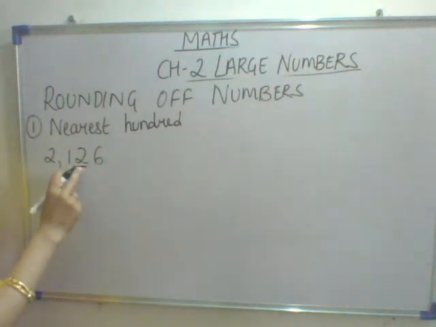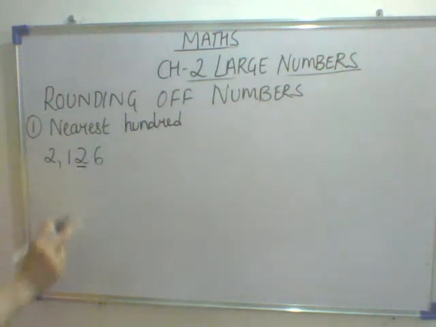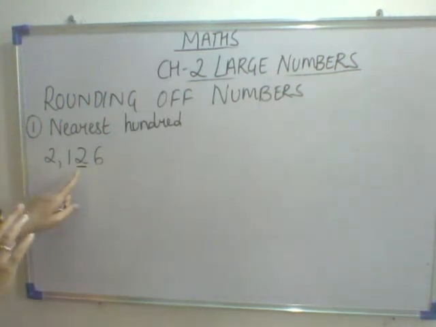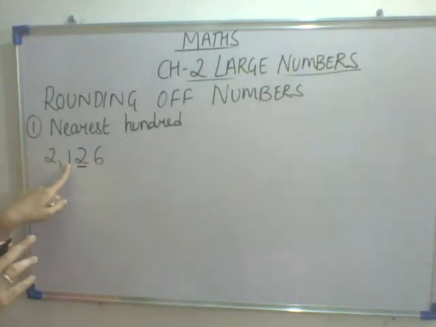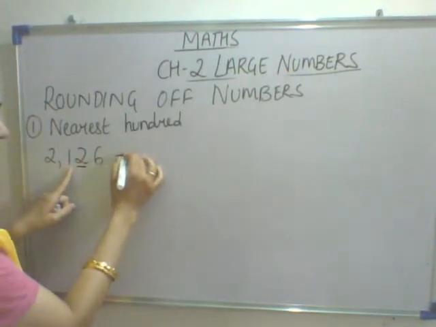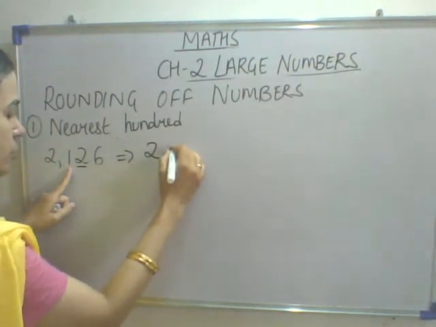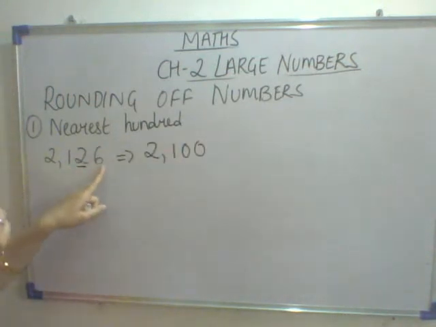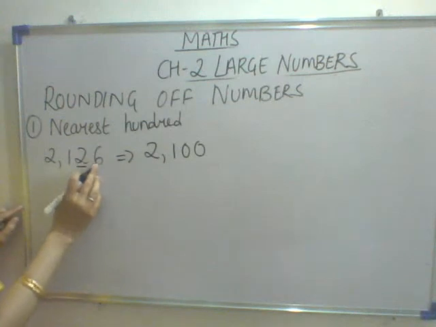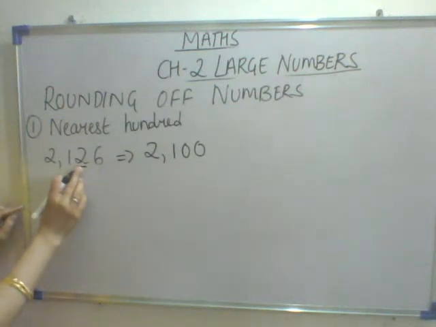So if the digit is less than 5, then what you have to do? You have to do no changes. Here it will become 0 and here you have to add nothing. So this number becomes 2100. Here the digit at the ones and the tens place will become 0.